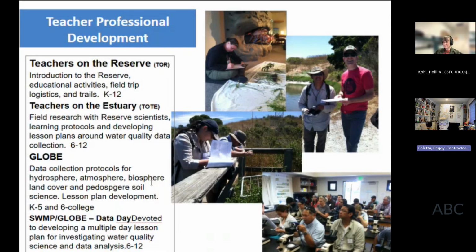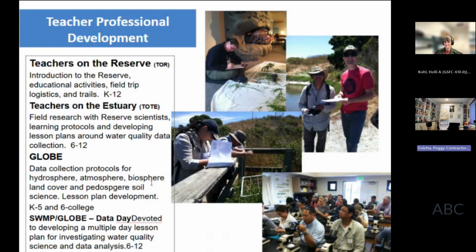So here are 4 of our types of workshops. 2 of them are all about the reserve, and then Globe, and then one's all about data. We have our own system of data, kind of parallel with Globe's system, where every 15 minutes in 4 sites up the estuary, water quality data is sent to a satellite and is accessible to the public.